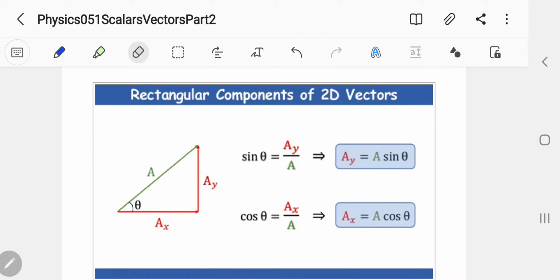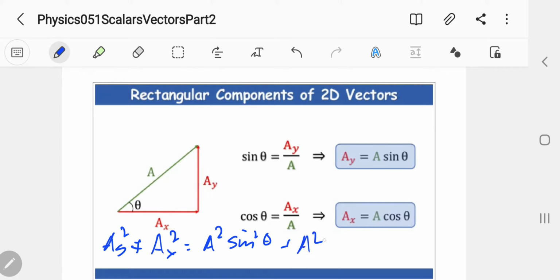So I would say that ax square plus ay square is equal to a square sine square theta plus a square cosine square theta.